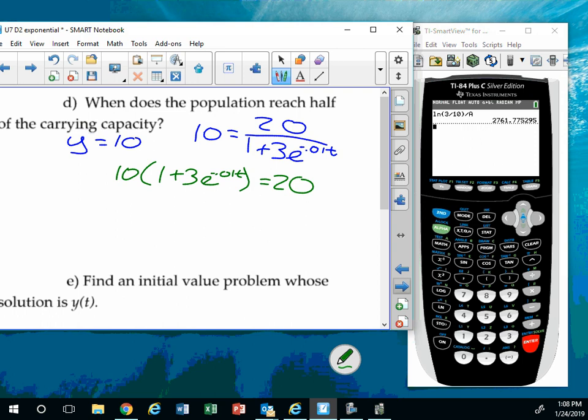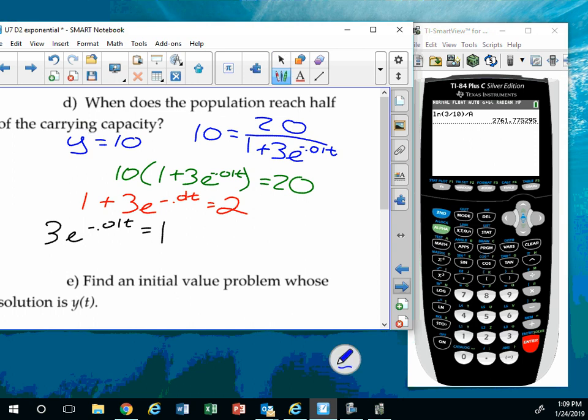The question says, when does it reach half of the carrying capacity? My carrying capacity is 20, so half of that is 10. I am going to divide by 10 because it's just easier. So 1 plus 3e to the negative 0.01 t equals 2. 3e to the negative 0.01 t equals 1.